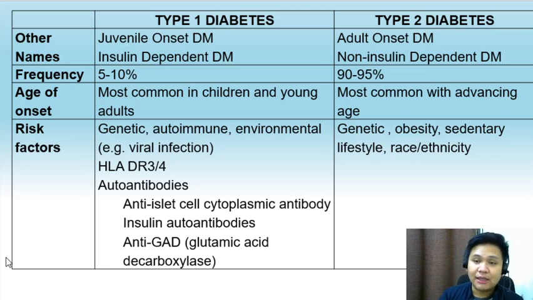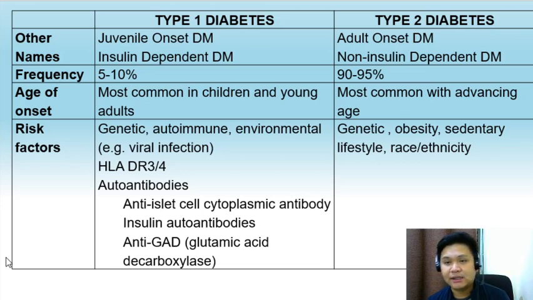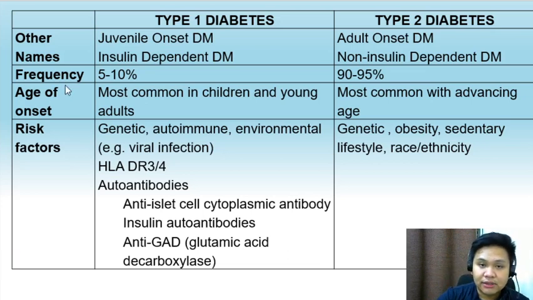It represents around 90 to 95% of cases. We have discussed the age of onset. Then you have here also the risk factors. Both type 1 and type 2 have genetics as a risk factor. Okay. In type 1, you have autoimmune risk factors, environmental risk factors such as viral infections, HLA DR3 and DR4.